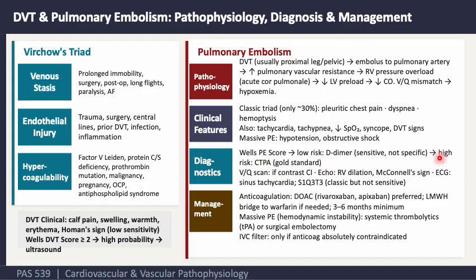The gold standard for diagnosing it is a CT pulmonary angiogram. A VQ scan can be helpful if, for whatever reason, the contrast from the CT pulmonary angiogram is contraindicated.